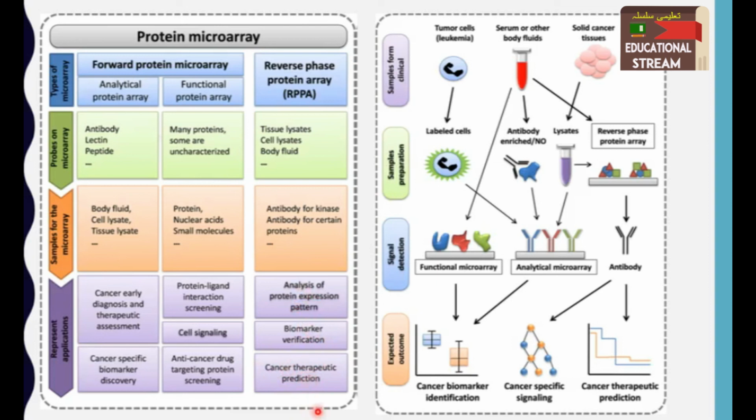So among all of these available protein microarrays, analytical protein microarrays such as the antibody microarray and the lectin microarray have been used most widely in the area of cancer biomarker discovery.